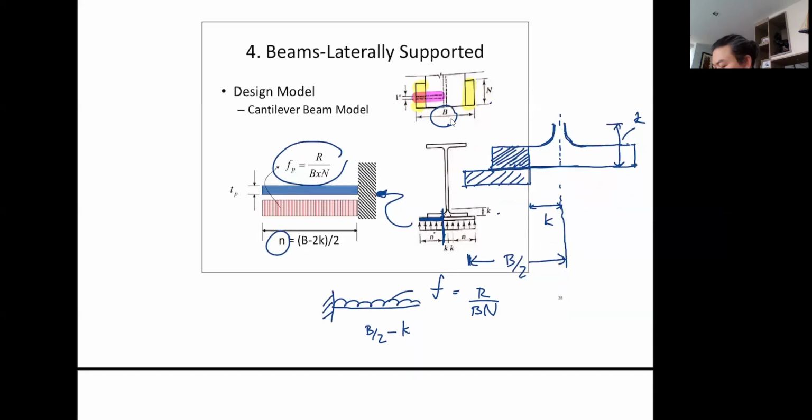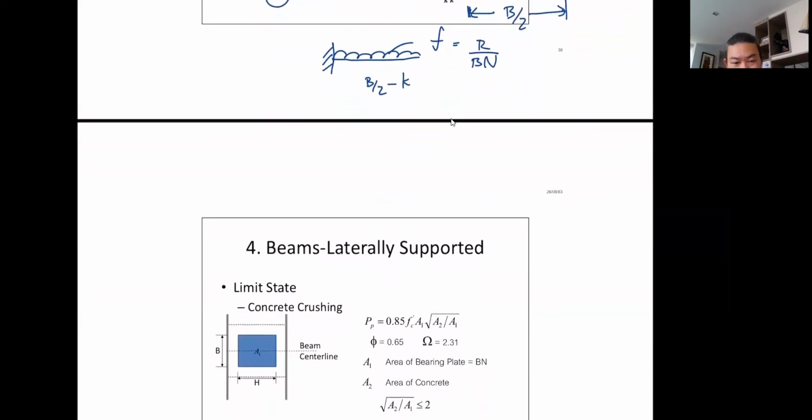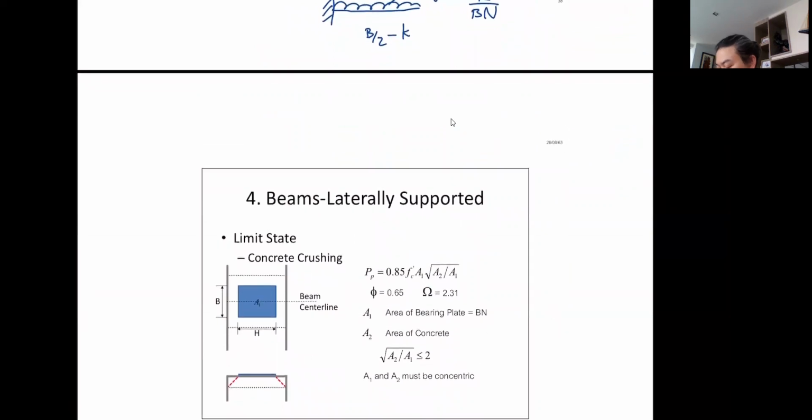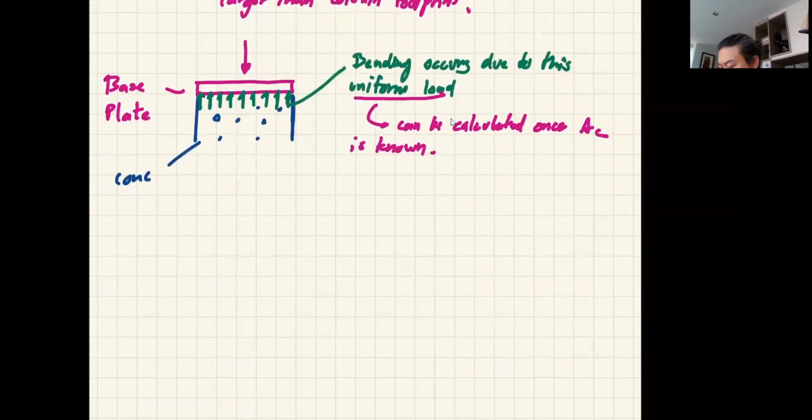Oh, crystal clear, maybe? Now, the next issue is the concrete crushing. Let's say the blue area here is the area of your base plate. Again, just like the concept in web yielding, when you have the load coming down, the distribution of the stress is not going to go down like a straight line. So I have to draw a picture.